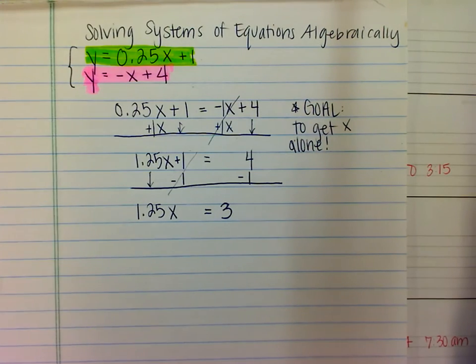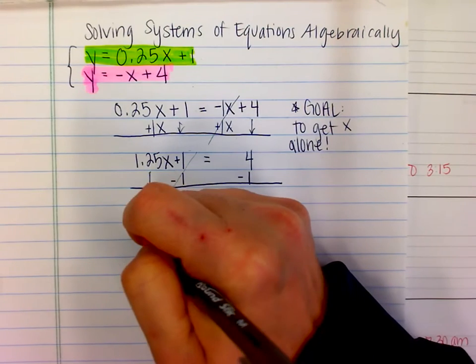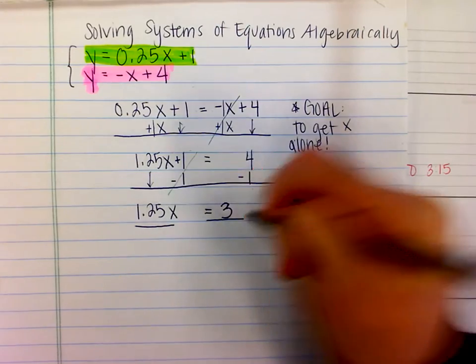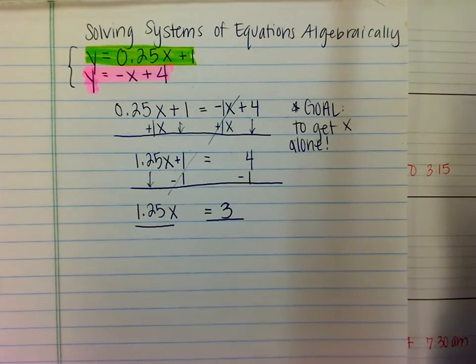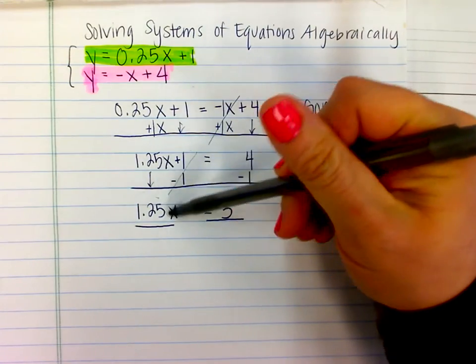We're almost done here. Our last step, hopefully you can identify what our last step is. It's going to be to divide. And we're going to divide by the coefficient, or the number, in front of x.